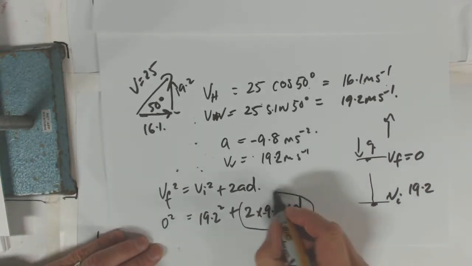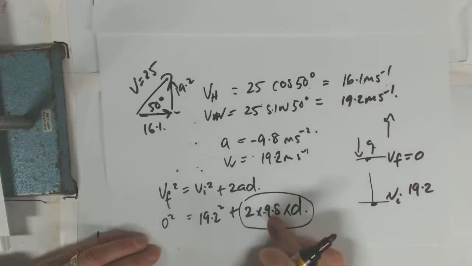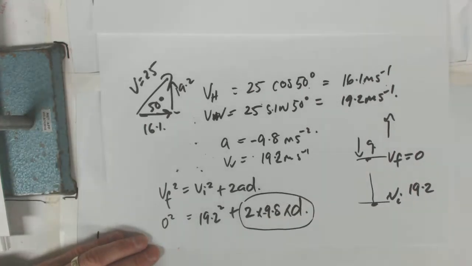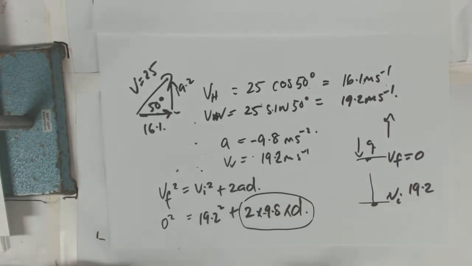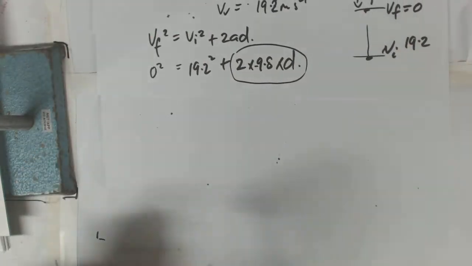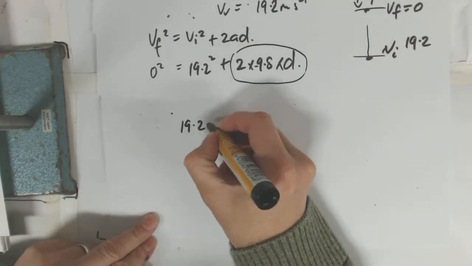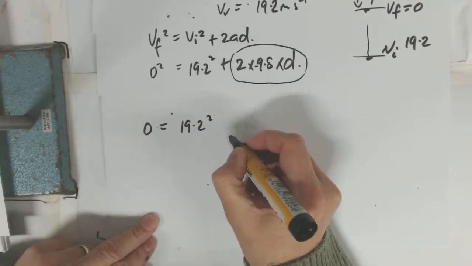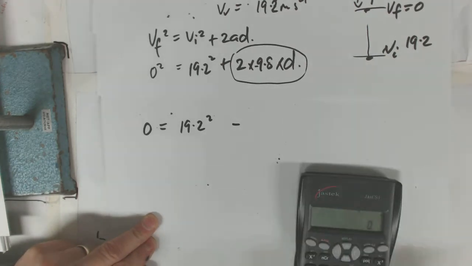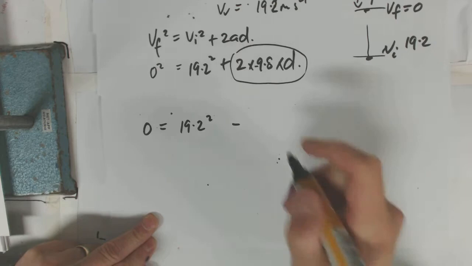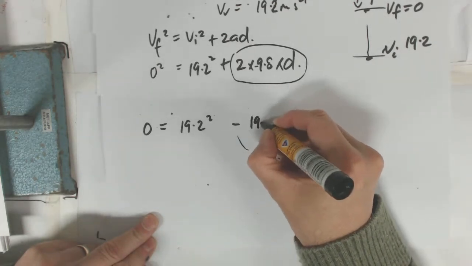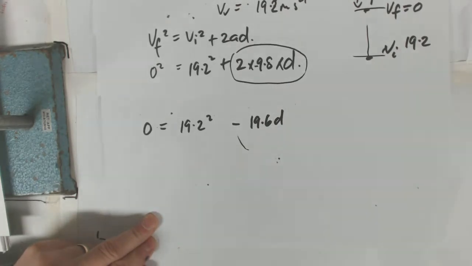So this whole section here is going to become negative, because 2 times negative 9.8 times d is going to be negative. So I can do that calculation like this. I can say, okay, 19.2 squared, 0 equals minus 2 times 9.8, which is 19.6d.